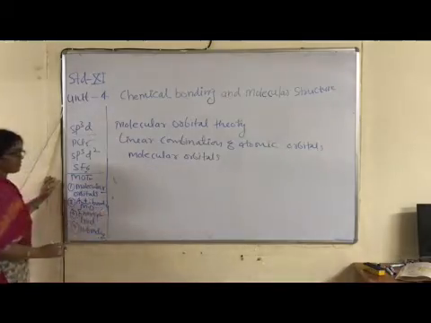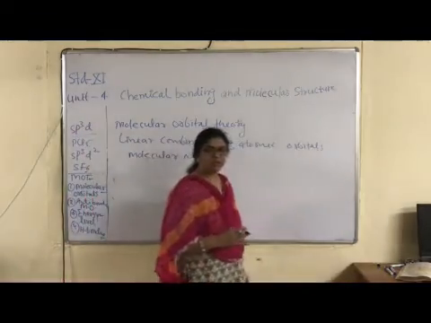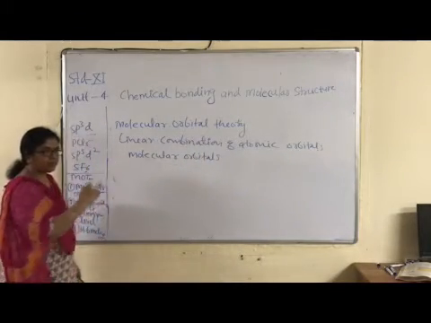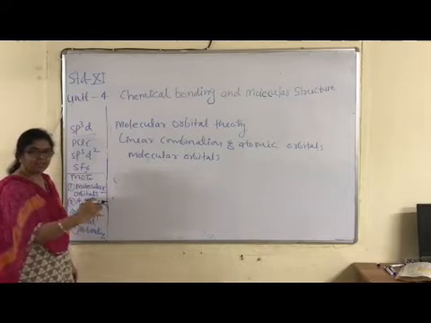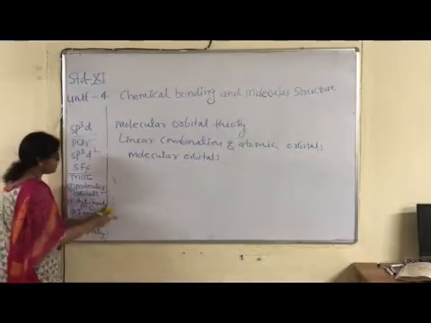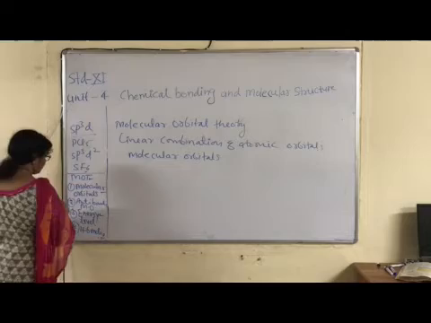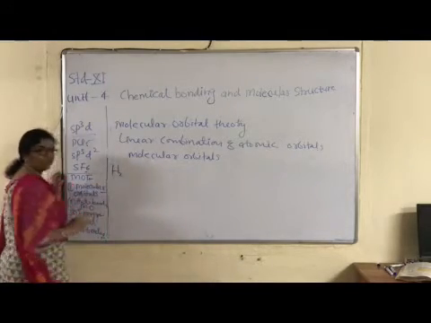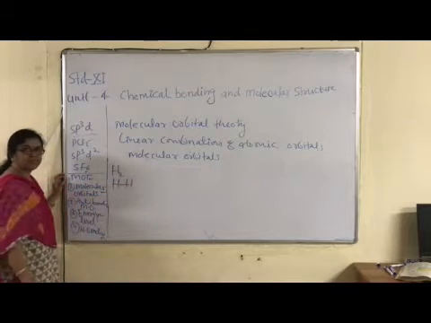Now, energy level diagram. What is energy level diagram for molecules? Energy level diagram is systematic arrangement of molecular orbitals and anti-bonding molecular orbitals in which manner? In increasing order of energy. For example, hydrogen molecule. In this hydrogen molecule, two hydrogen atoms are present.